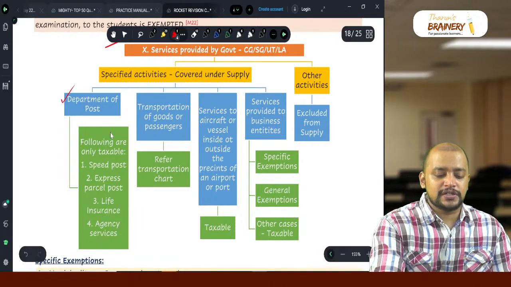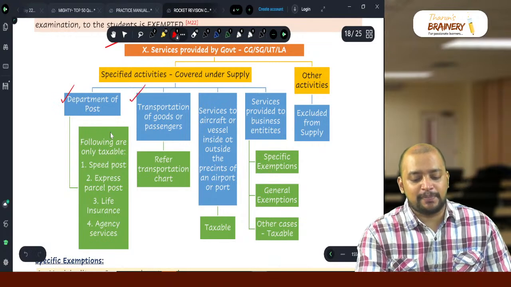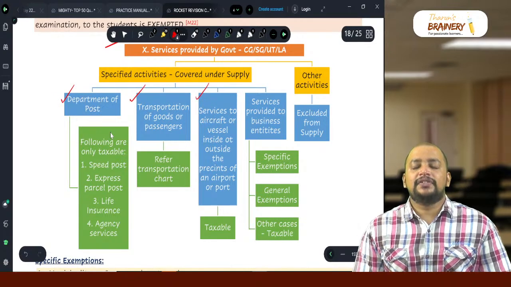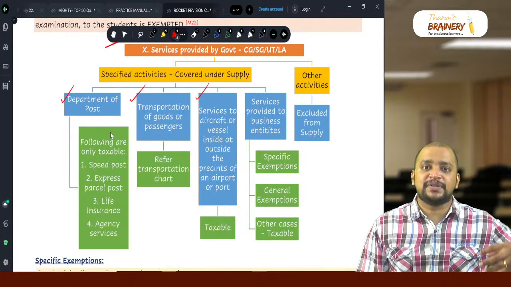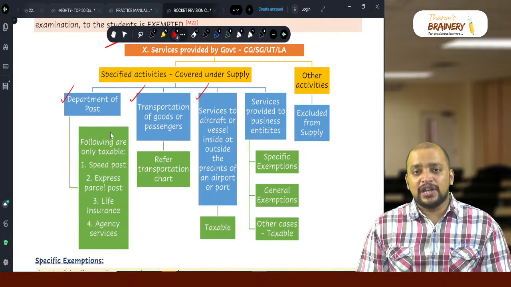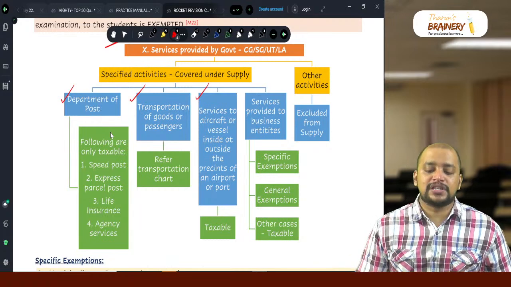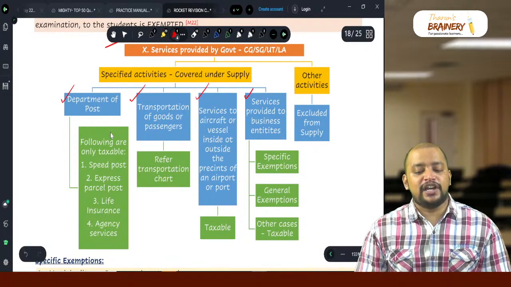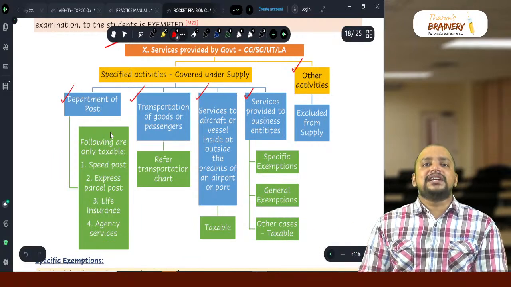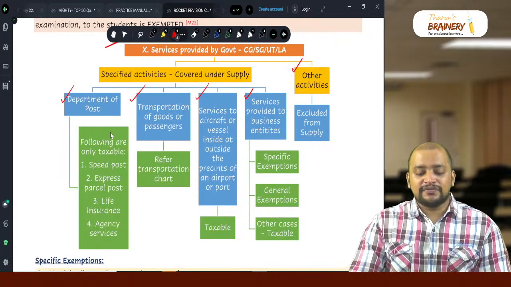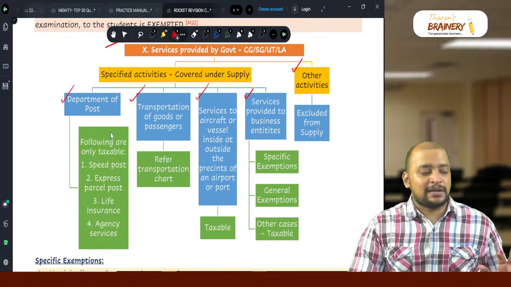Department of Post, transportation of goods or passengers, services of aircraft, services provided to aircraft or vessel inside or outside the precincts of an airport or port. In short, remember it as airport or port services, and services provided to business entities. Other activities are excluded from supply. These four activities are only covered under supply.